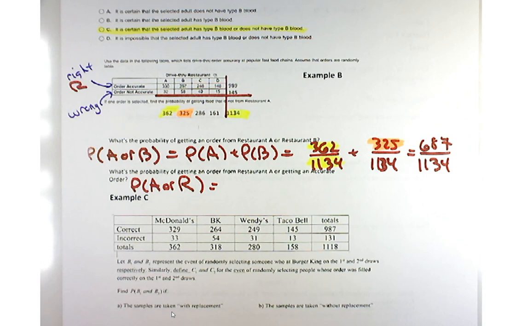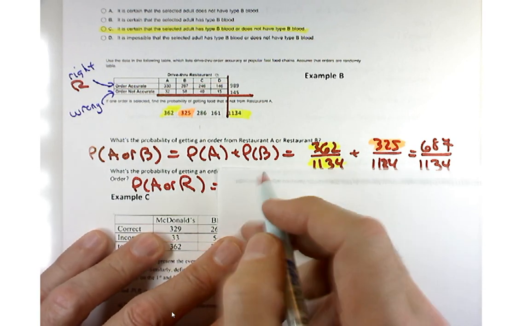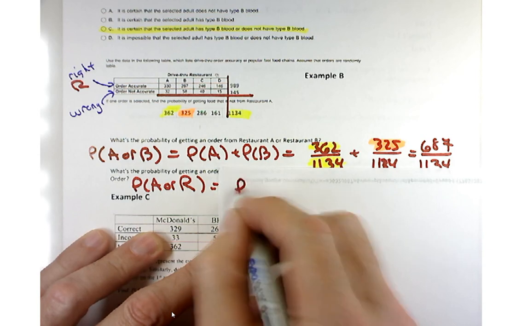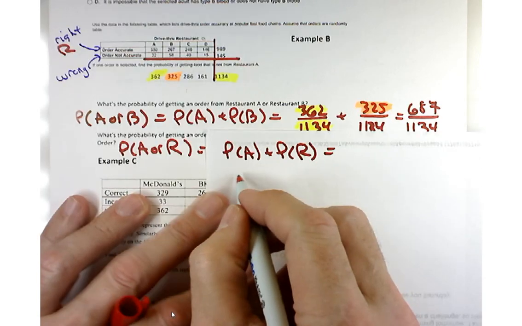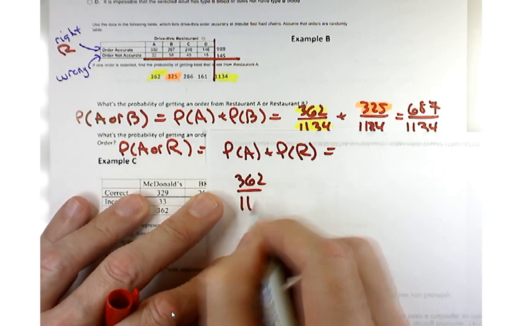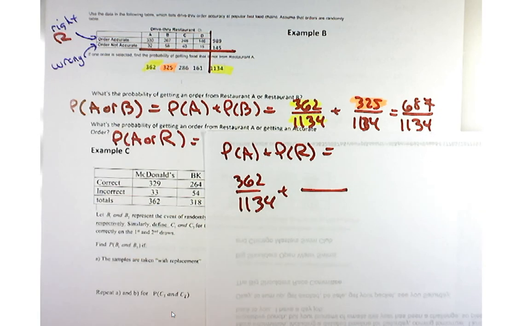And let's see what happens if I take the same naive approach that I did with the above one. I could say probability of A plus probability of R. Probability of A, we already know, was 362 out of 1134. Probability of R. Well, how many people got an accurate order?